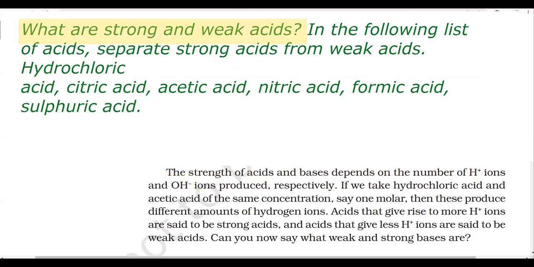And it is not the number, it's the concentration. That means the higher the concentration of H plus ions, the stronger is the acid. But by definition, we say that those acids which completely ionize to produce H plus ions are generally called strong acids. And what are weak acids?